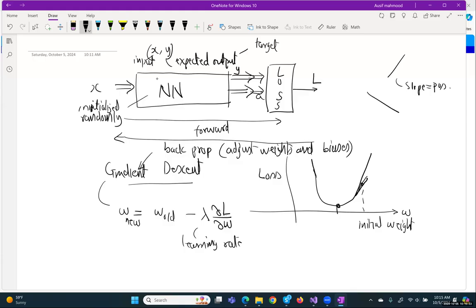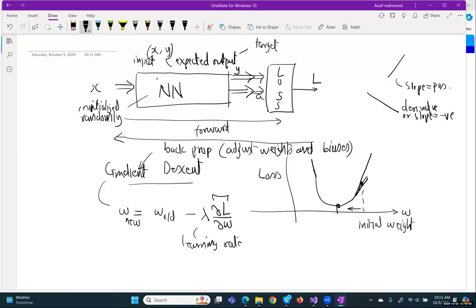If the slope is this way, then the slope is negative, right? So the idea is, as you can see, we want to adjust the weight this way, because this way we will get close to the ideal weight, right?